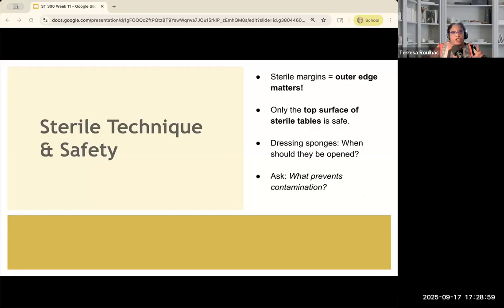Dressing sponges are special. They come in late. Remember, if they don't have that radiopaque strip, you don't want to have them up early because they could get lost in the patient's body. Think about when they should be introduced to the field. Would we do it while, let's say, we're doing a big abdominal procedure and we're still in there?